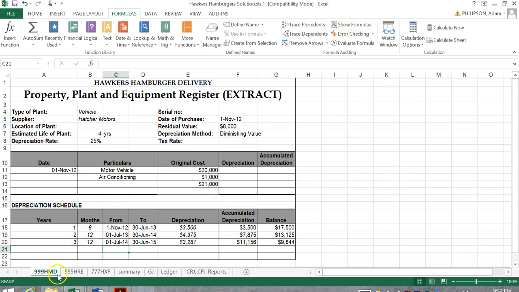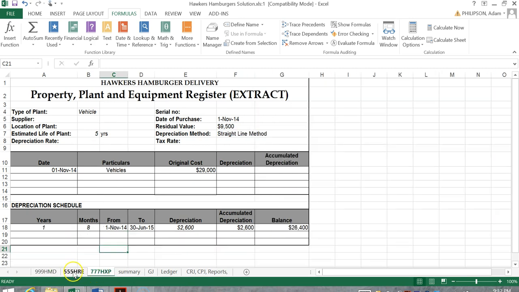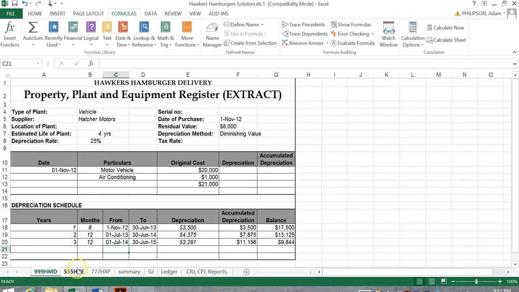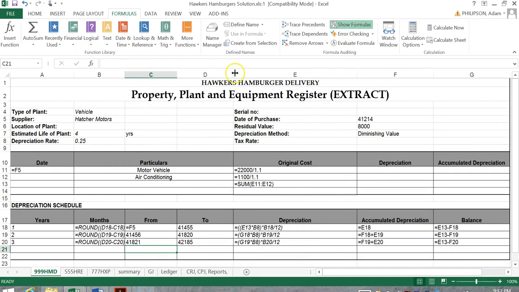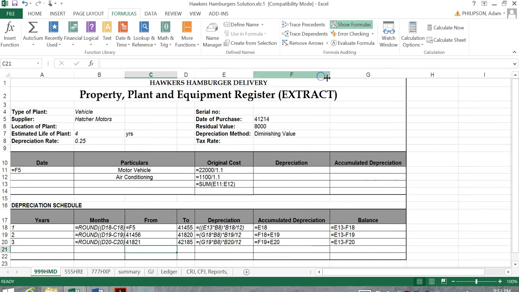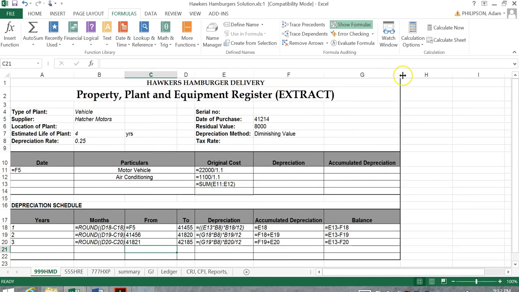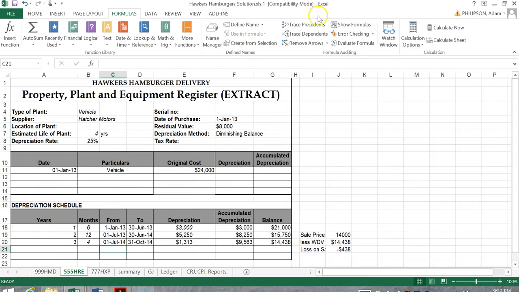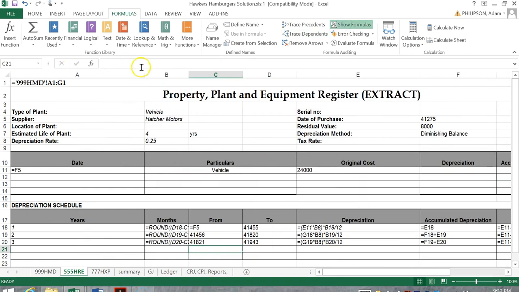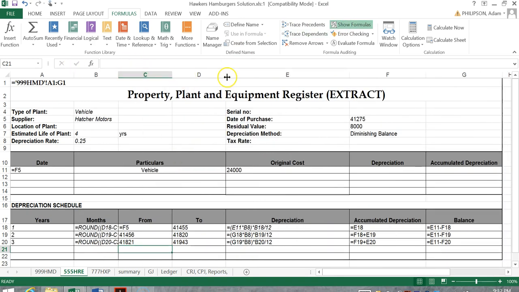In each of these depreciation tabs, I want to see that you have done your formulas. So change it to formula view and then print that. You probably do all 3 of them in formula view right at the end.